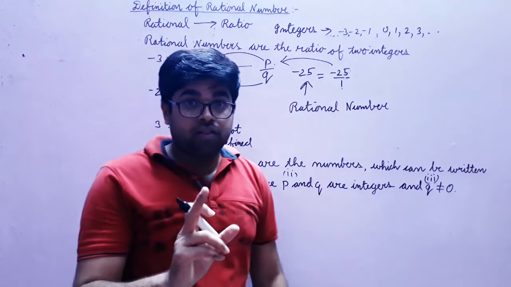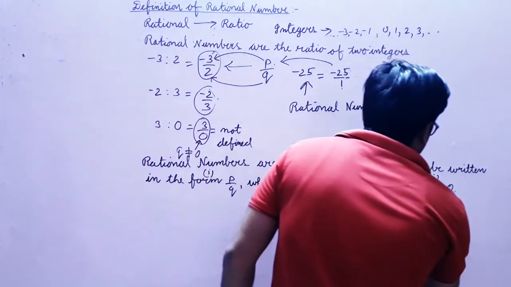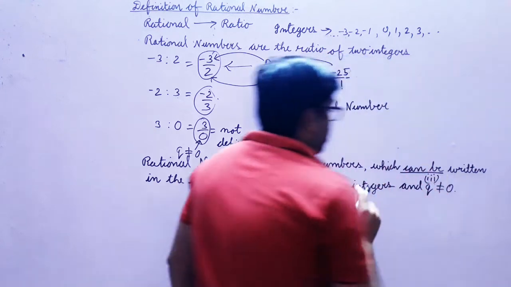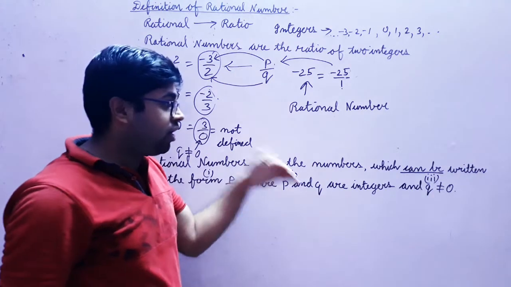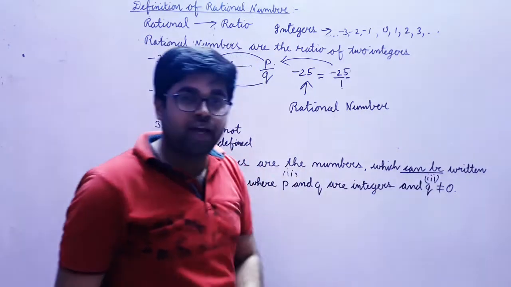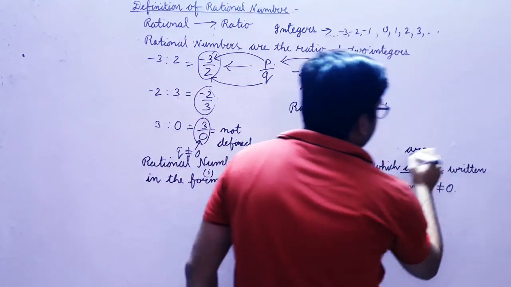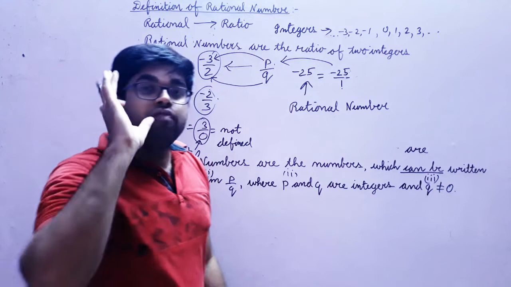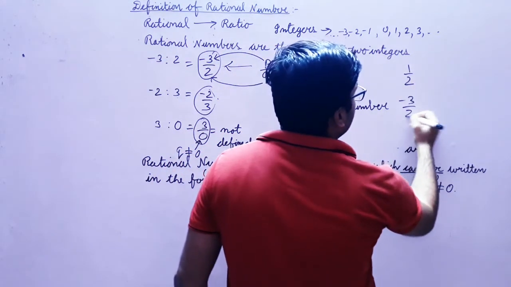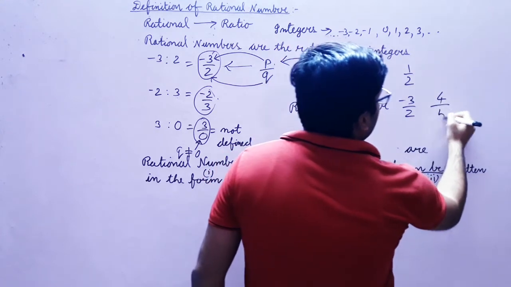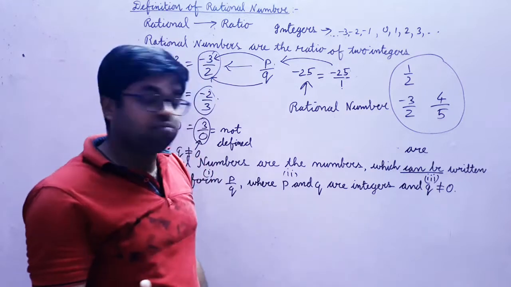But pay attention that in the definition we haven't used the words 'numbers which are written in the form p by q'. There is a difference between 'are written' and 'can be written'. If instead of 'can be written' I use 'numbers which are written in the form of p by q', then we have only said that the numbers which are already in the form p by q are rational numbers.